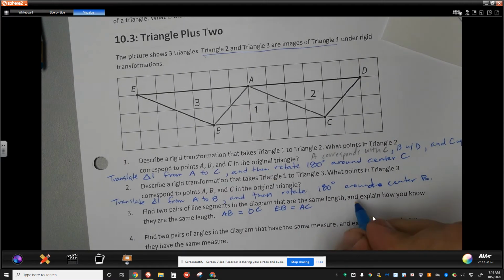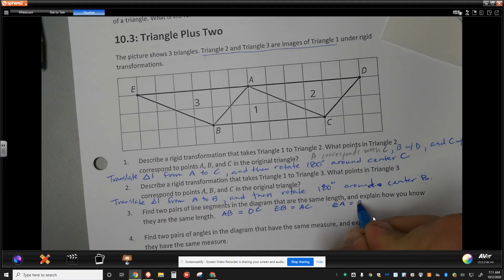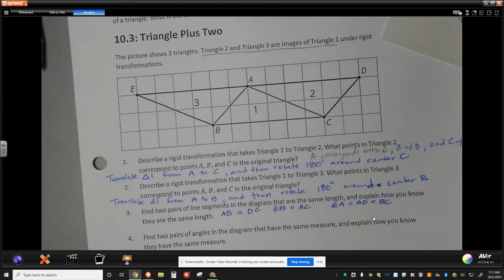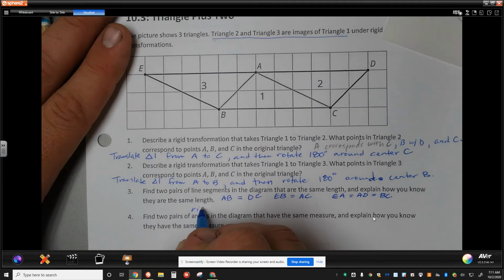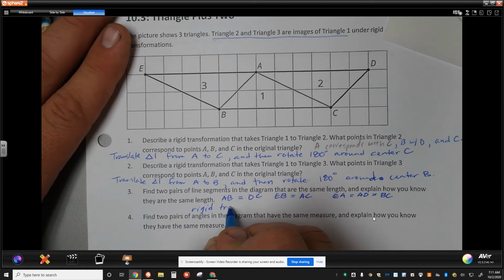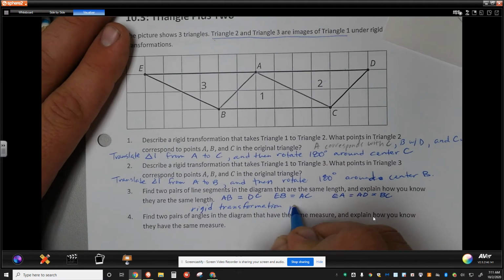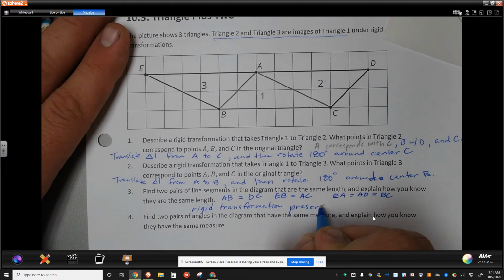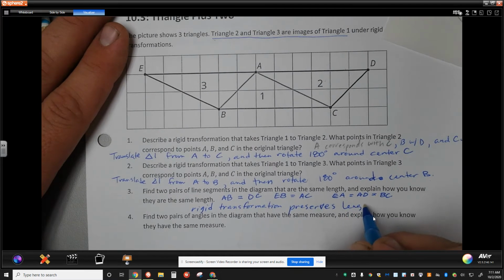But I also learned that segment EA is equal to segment AD, which is also equal to segment BC. I know all of this because rigid transformation preserves, remember that word preserves means to keep the same, preserves length of segment, or we could just say segment length.